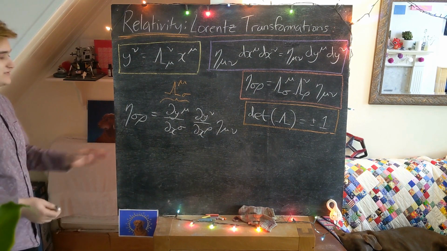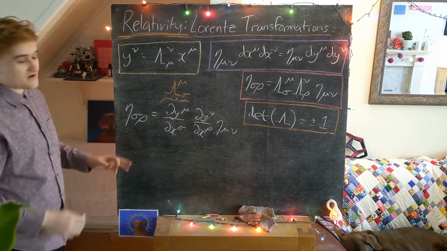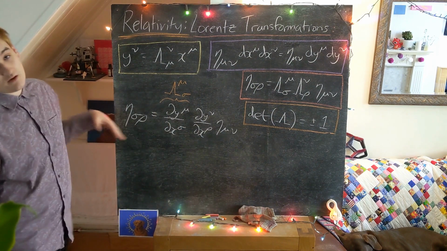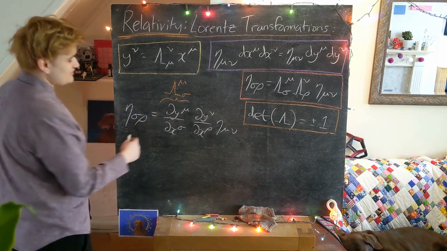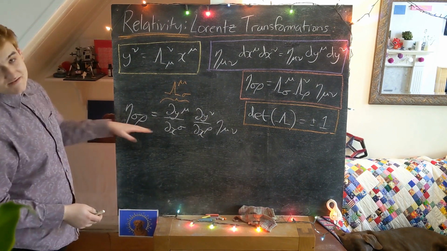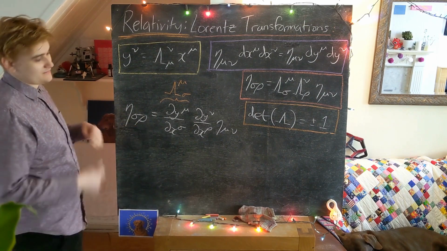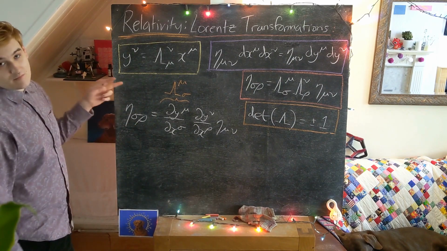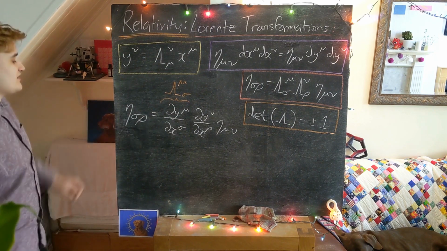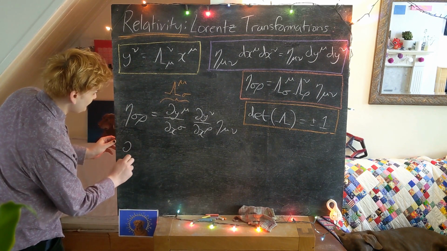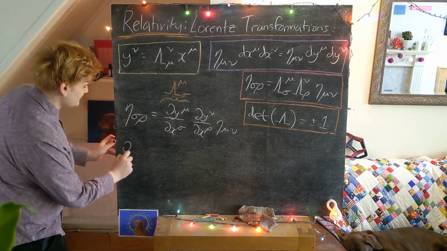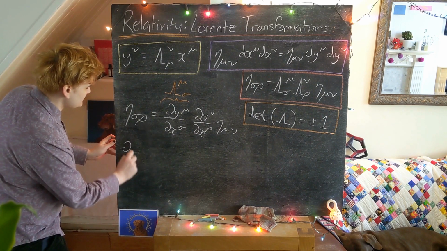So if we just simply take now a partial derivative of this whole expression with respect to x. This is just a constant matrix. Remember, eta is just minus plus plus plus, nothing that depends on the coordinates. So if I take a partial derivative, now I'm going to use my shorthand notation.